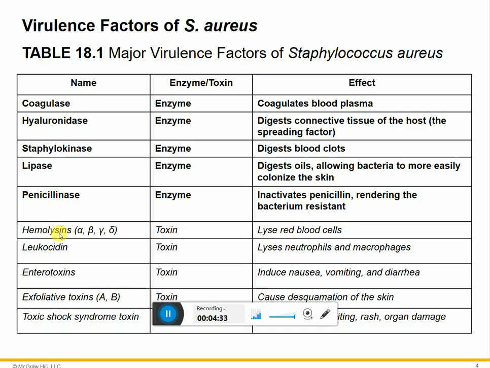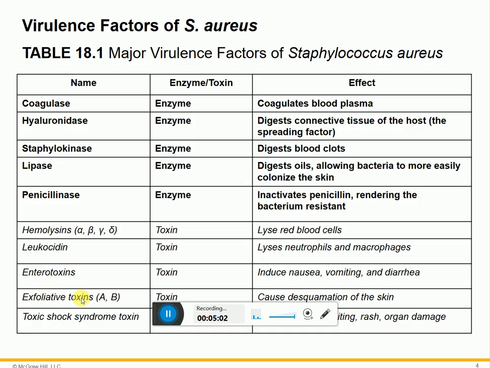There are hemolysins, which lead to the hemolysis of red blood cells. Leucocidins lead to the destruction of leukocytes. Enterotoxins are toxins released by Staph aureus that affect the enteric cells. Enteric means the digestive system, so this toxin can lead to nausea, vomiting, and diarrhea.